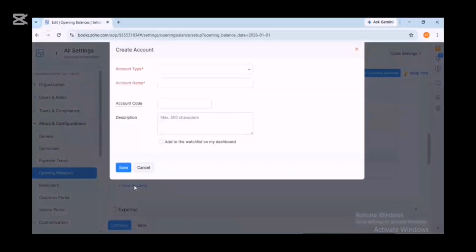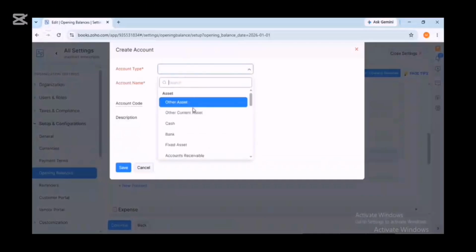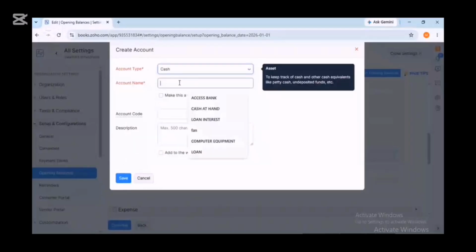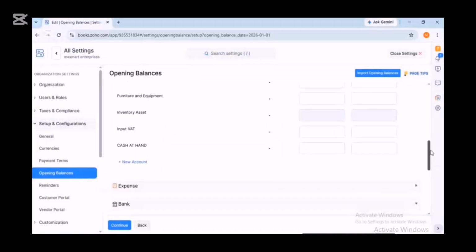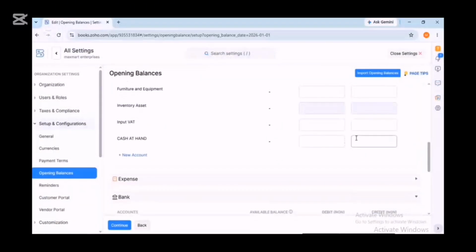So we'll probably have cash, but I don't think we have cash at hand. So let's make ours. Cash, a type of account, is an asset. Then cash at hand, you select it, and save. So we're going to input the amount in the opening.